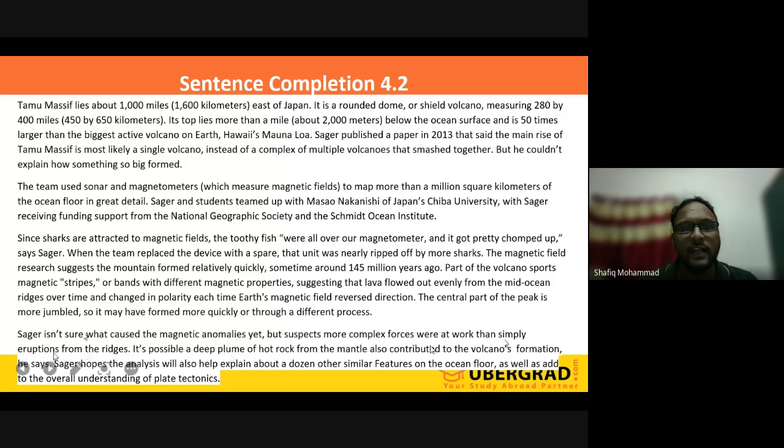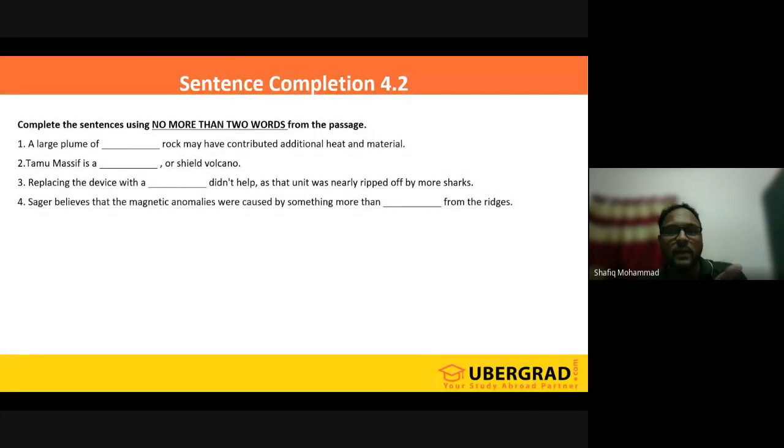Here, if you write only eruptions, you might not get a mark, because there is definitely a difference between simple eruptions and eruptions. Even for simple eruptions, the ridge may get disturbed. So you need to definitely mention simply over there.